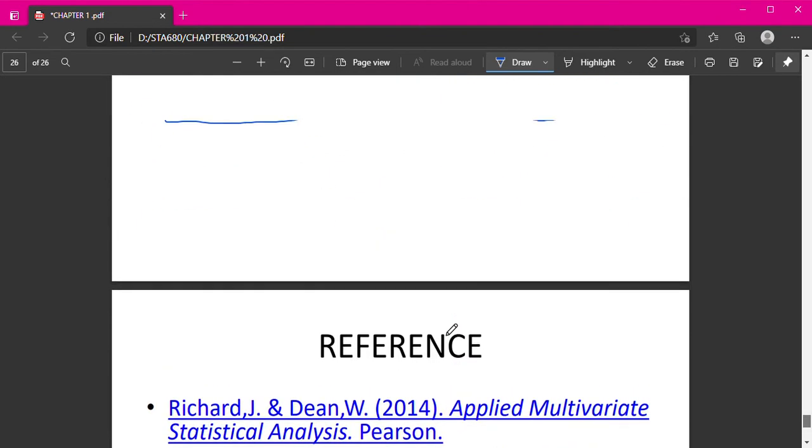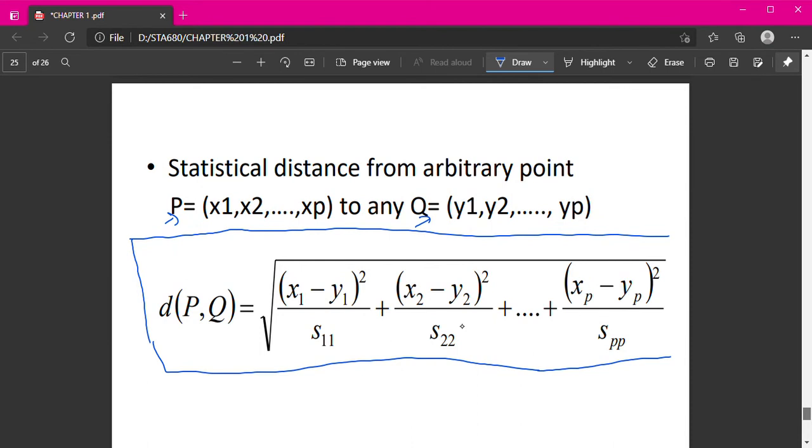The variance of the variable. Okay, plus x2 minus y2 square divide the variance for the second variable until xp minus yp square divide dengan variance of the p variable, then square root the value. Ini adalah formula untuk statistical distance.